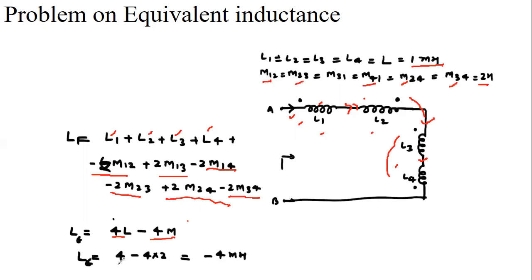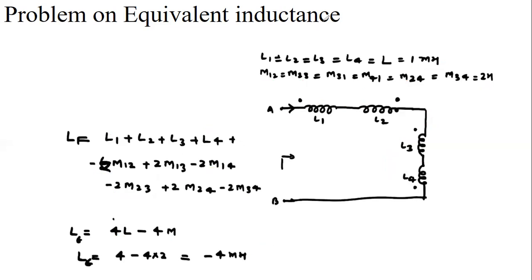Putting the value of L as 1 millihenry, this becomes minus 4 millihenry. The minus sign just indicates that the flux is opposing the current flow.